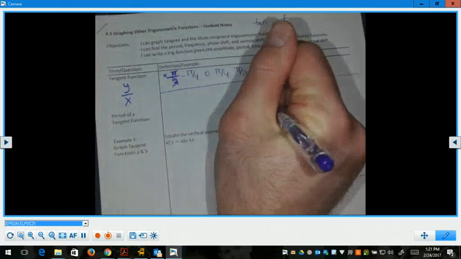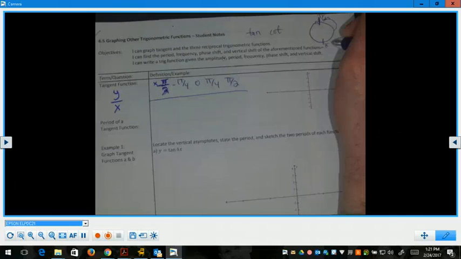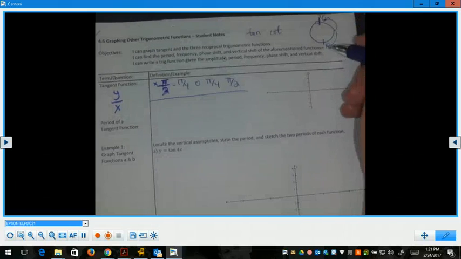Those are my x's. So what I've done on the unit circle is I've said, hey, I'm going to let the first period come up to pi over 2, but start at negative pi over 2. So start at a backwards angle.